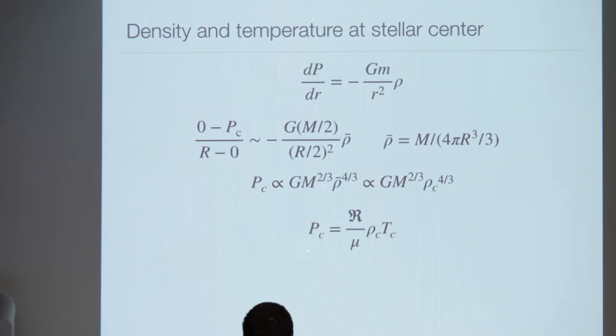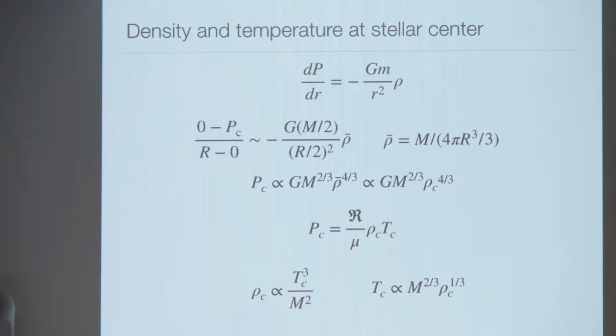Now let's assume that at the center of the star, the ideal gas pressure is dominating. Then the central pressure of the gas should be written in this way. Putting this in here, we have this correlation, so we can write it this way.